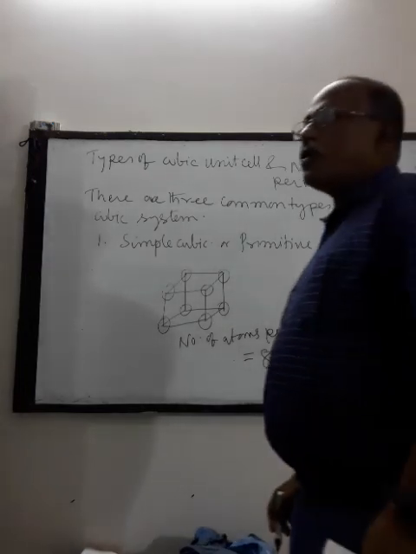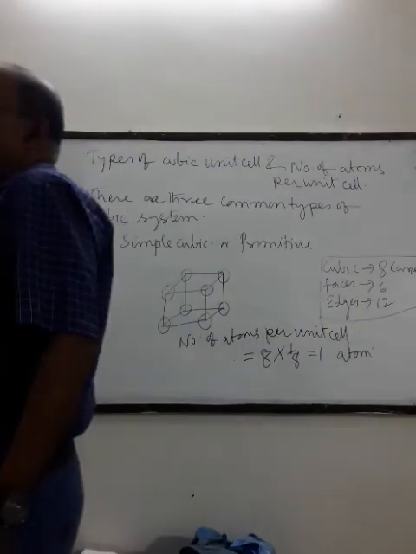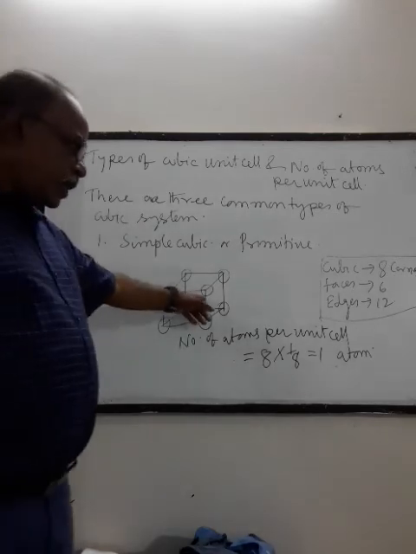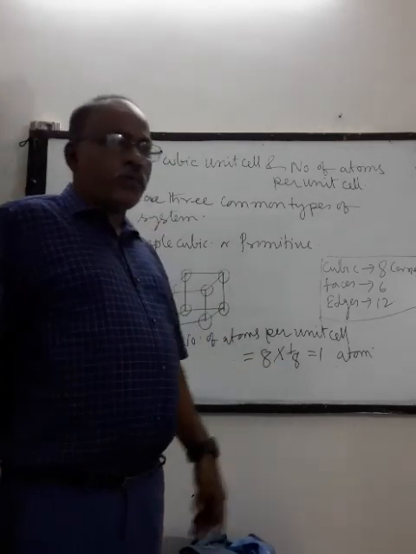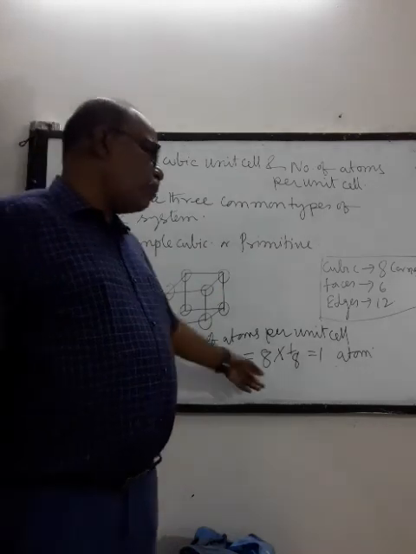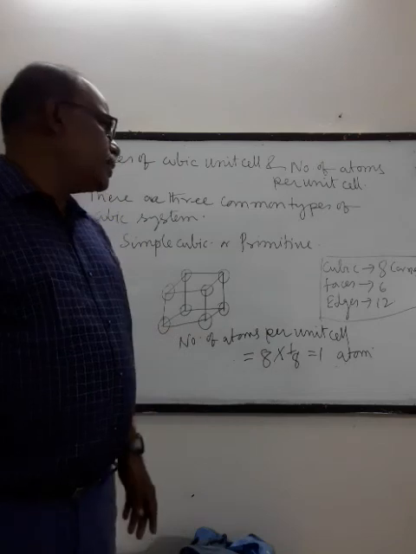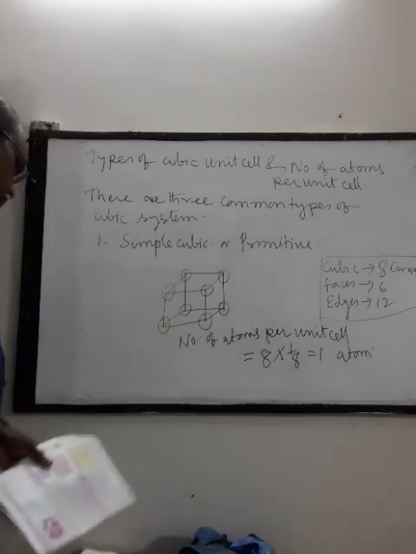So for a simple cubic unit cell, number of atoms per unit cell is 1. This is because each corner contributes 1/8 to each unit cell. So there are 8 corners and each corner contributes 1/8. So this is for simple cubic or primitive.